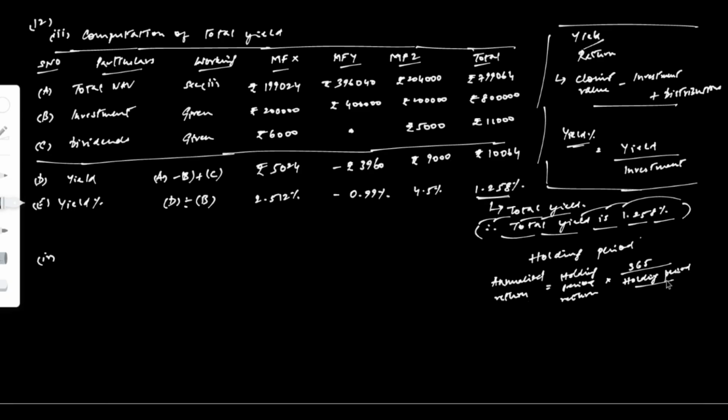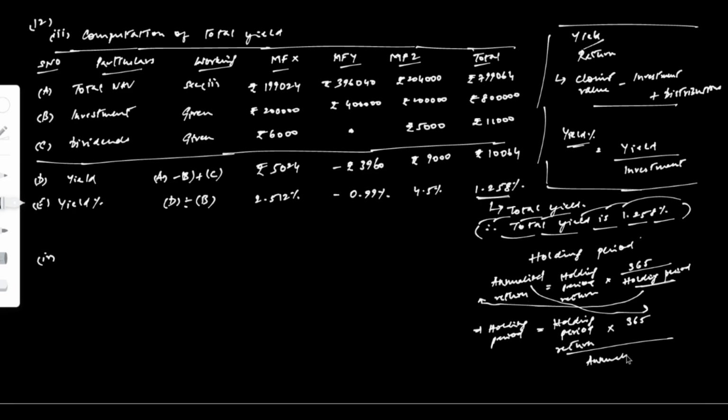So if I want to find out this holding period, then I'll bring this here and I'll bring this down here, right? Therefore, holding period is equal to holding period return into 365 divided by annualized return, right?